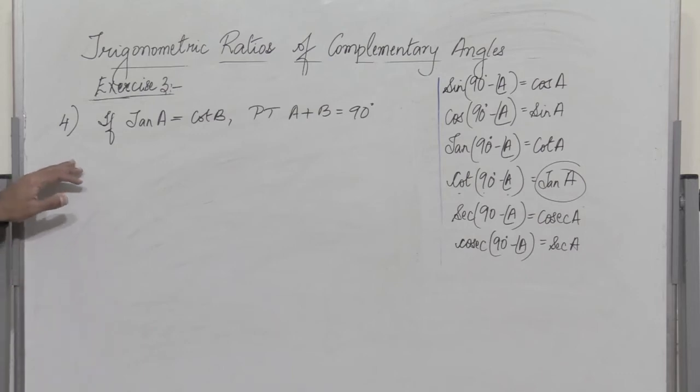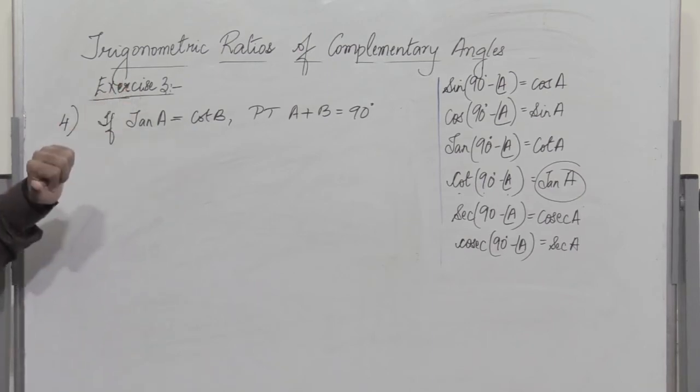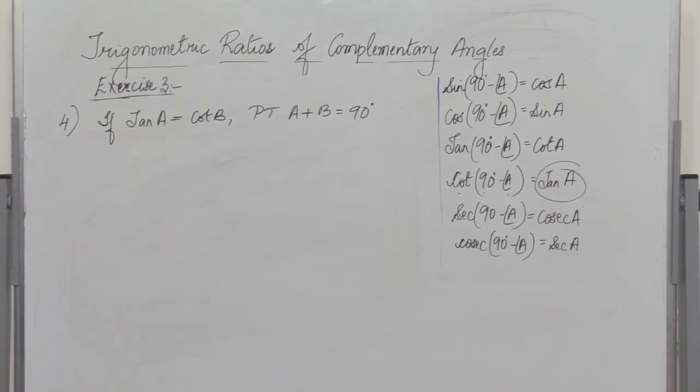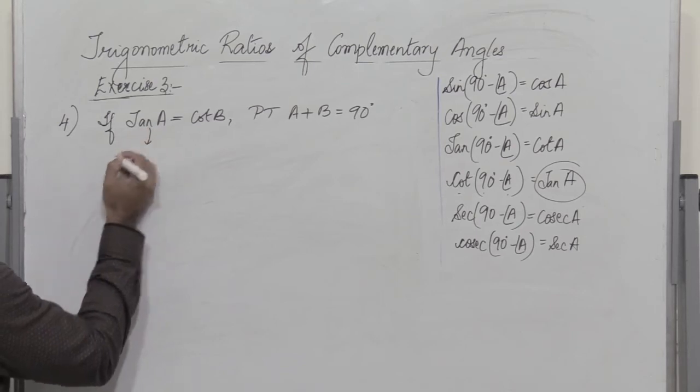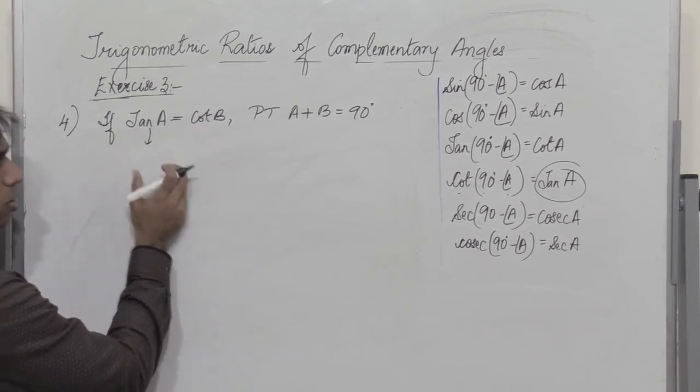So this again is a very simple problem. I hope when you look at problem 4 you will be able to get the answer immediately, or prove it immediately, because problem 4 resembles problem 3, right? So I have LHS equals RHS. We convert tan to cot, or we can convert cot to tan also. How do I convert tan to cot?